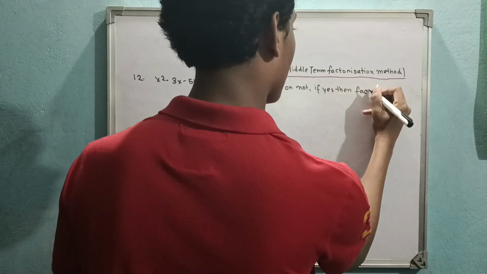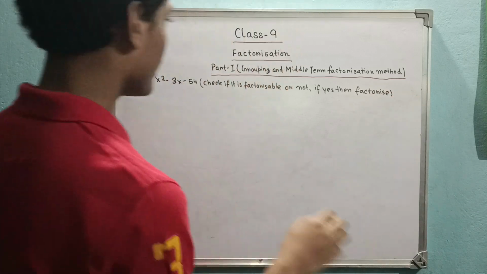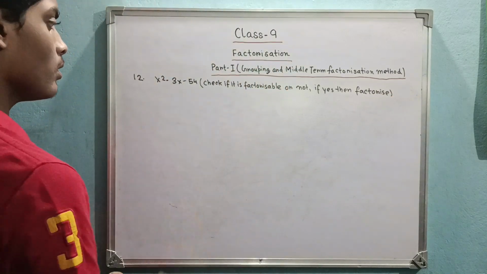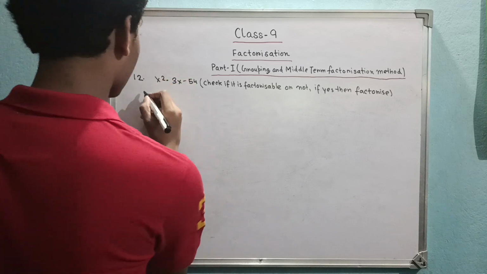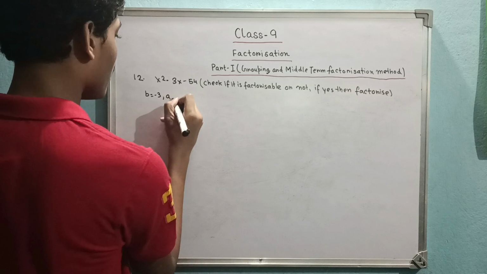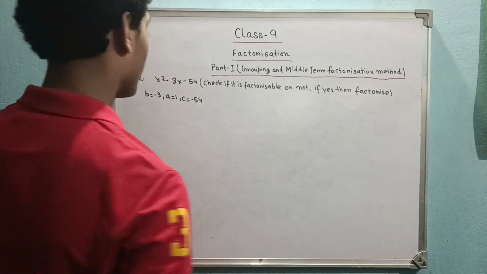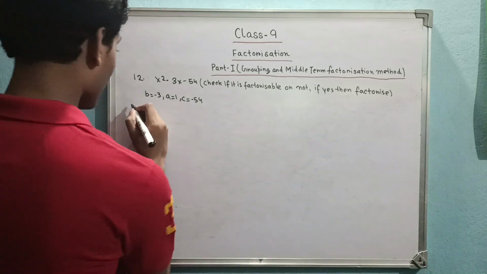Till now, I have been showing you how we can check if it is factorizable or not. Let's do it again. So here what is b? b is equal to minus 3, a is equal to 1, c is equal to minus 54. Therefore here what will be b square minus 4ac?